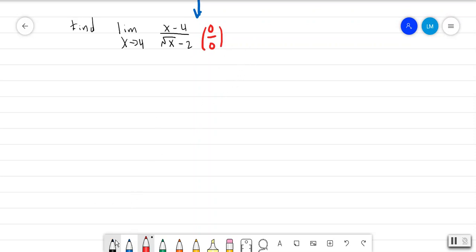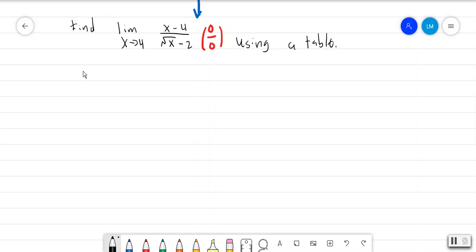But let's find this limit using a table. What we mean by that is that we're going to set up a set of values.